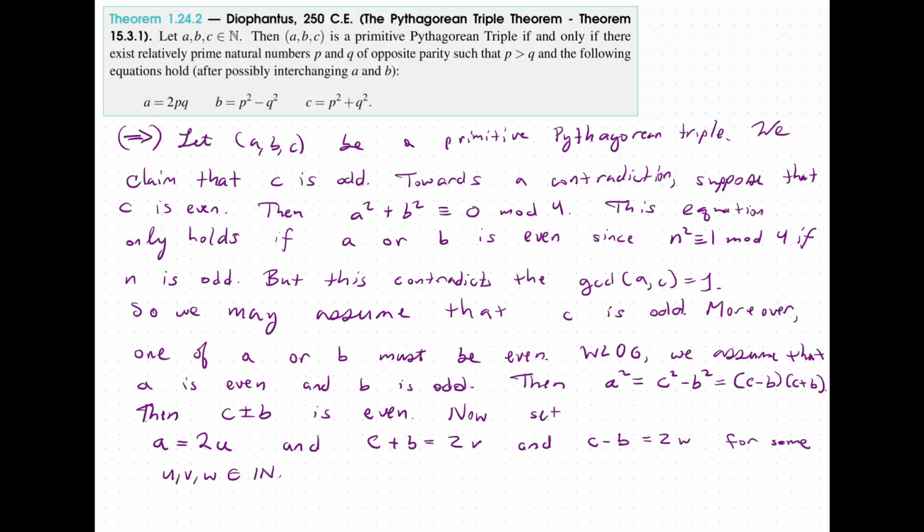So notice that we can take them to be in the natural numbers, since the assumption that we have A squared plus B squared equals C squared tells us that C is greater than B. So C minus B is a positive integer, so it's a natural number.